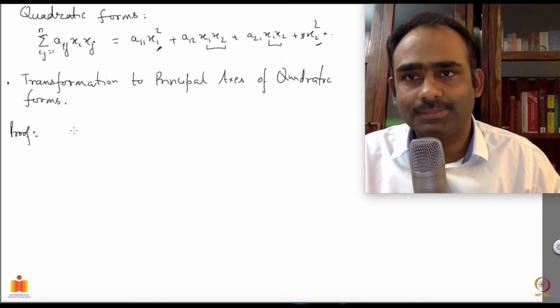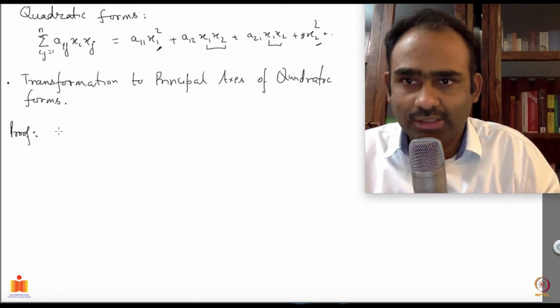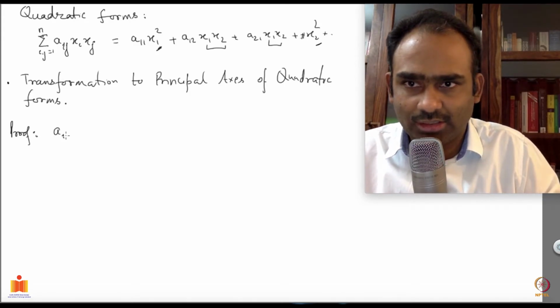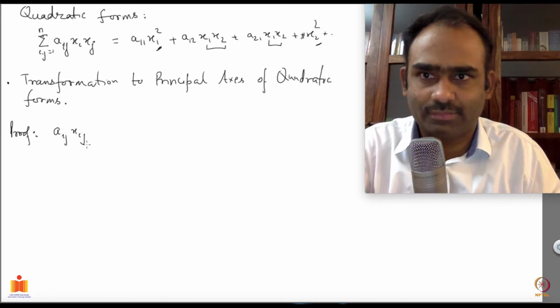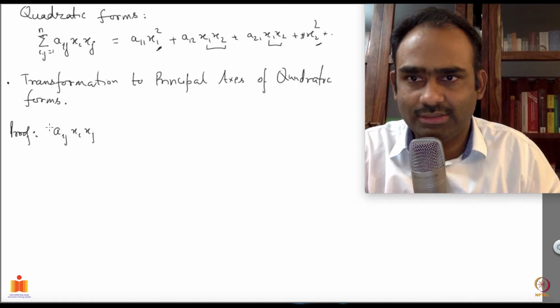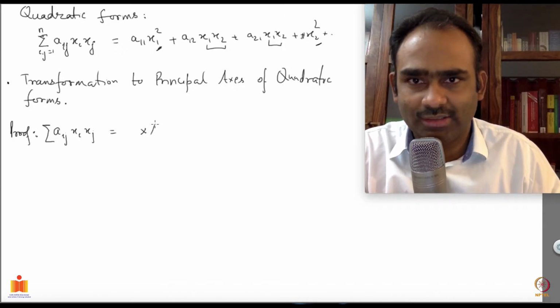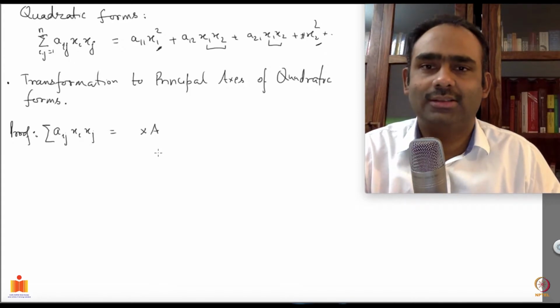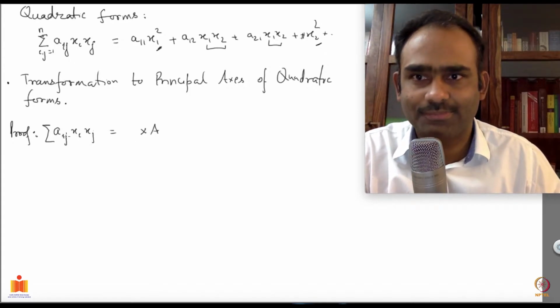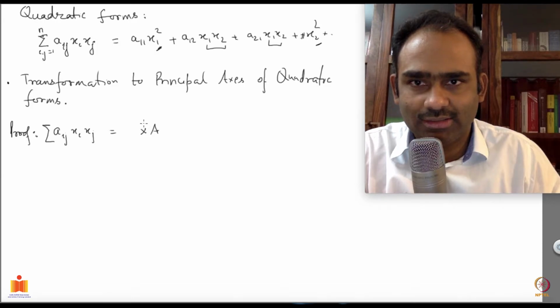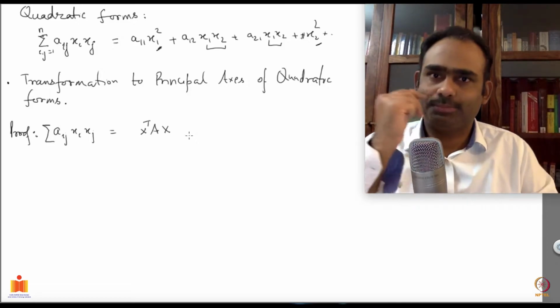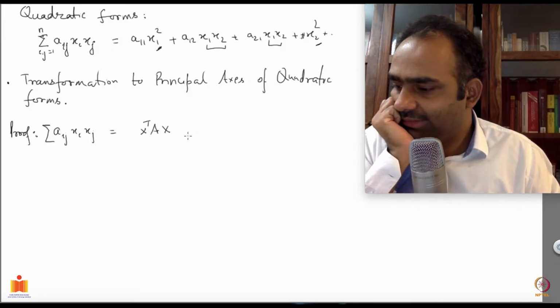So let's say the sum of a_ij x_i x_j I can write as x transpose A x, where I denote a vector x, and capital A is the matrix which corresponds to these entries, small a_ij.